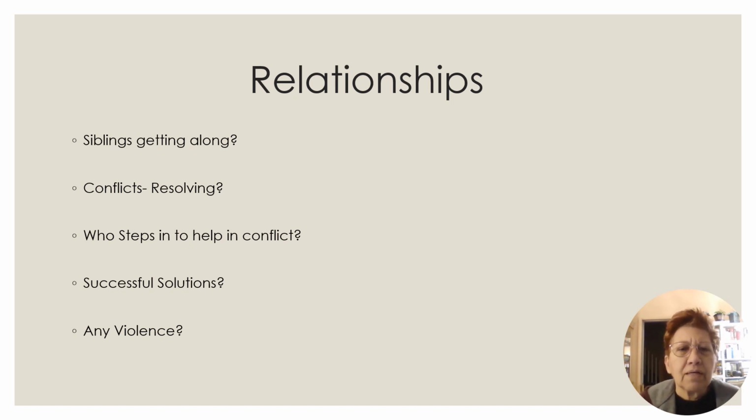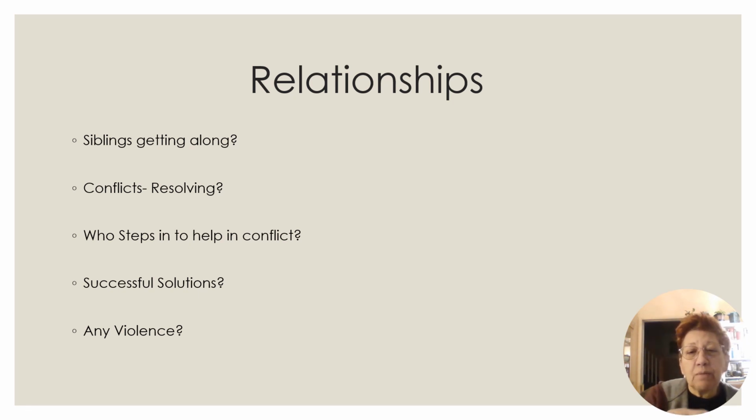Relationships. I have here siblings getting along, conflicts resolving, who steps in to help in the conflict, successful solutions, and any violence. So this is all part of your assessing.